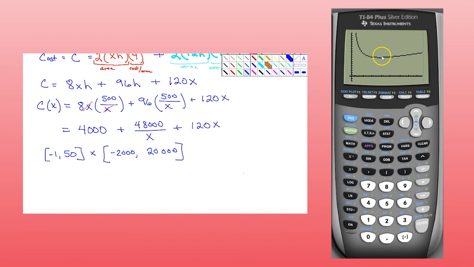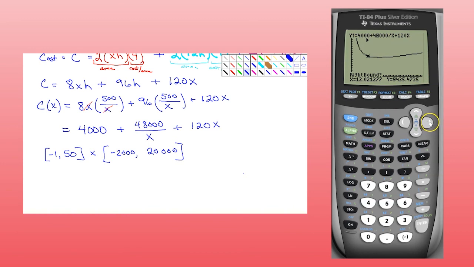Now, when I graph this, what I can do is go to Second, Calc, and we're looking for the minimum. So go down to minimum and press enter. Then drive the cursor to well before the minimum and press enter.